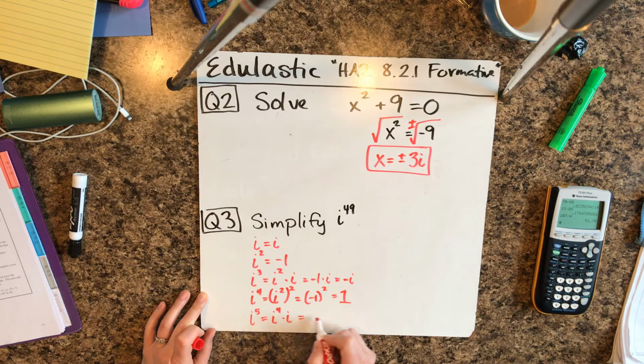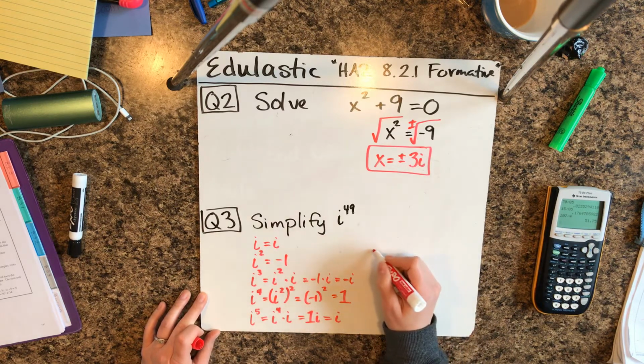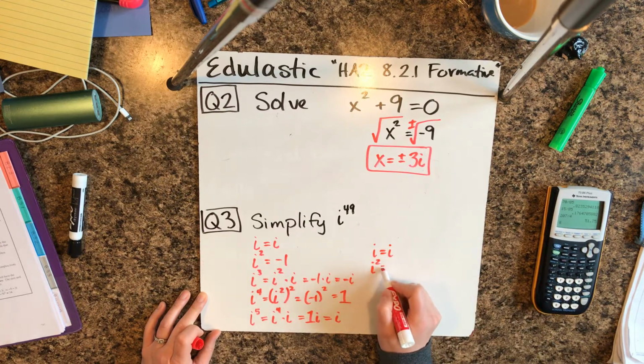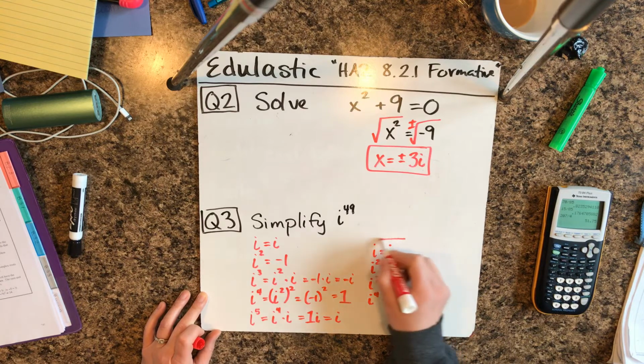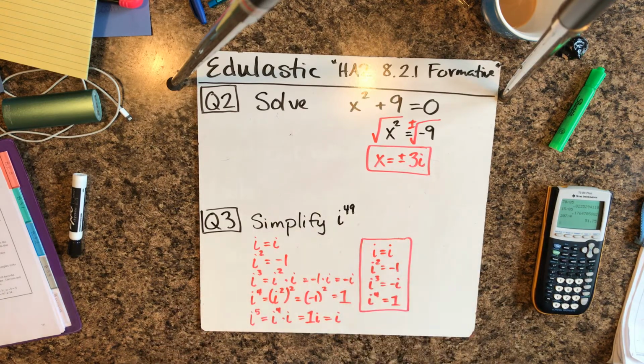Well, i to the 4th we just said is 1, and 1 times i is just i. And so this cycle is going to continuously repeat. So i to the 1st is always i, i squared is always -1, i cubed is -i, and i to the 4th is +1. If you keep this in mind, that's going to help you simplify anything.